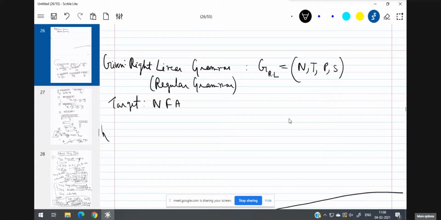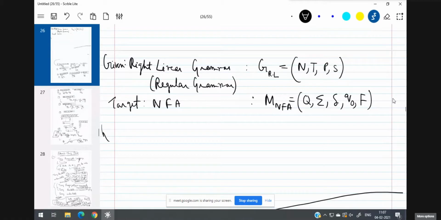And regarding our target, the machine which we are going to construct from the given regular grammar, let me represent that machine by M, an NFA. For a machine definition, we know Q, comma, sigma, comma, transition function, then initial state, and so on. I don't have to explain each term once again.